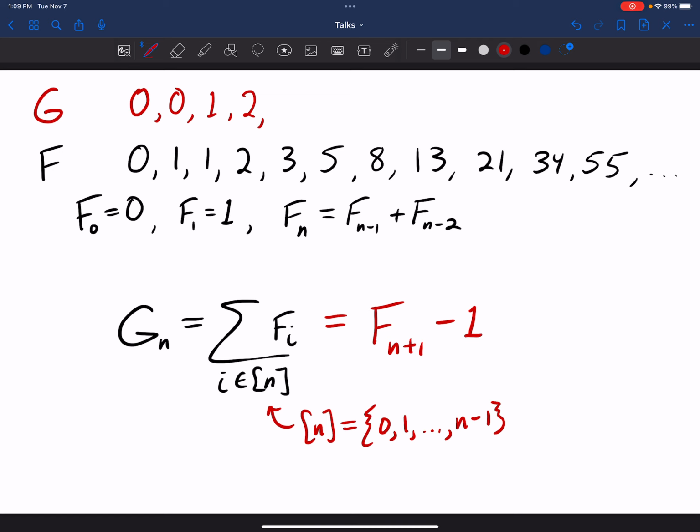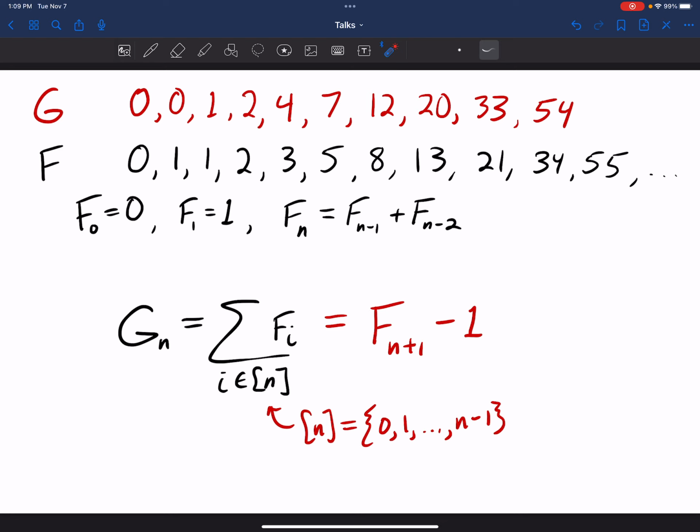What do I get? The next one is, if I add the first 4, they're 0, 1, 1, 2, that's 4. Okay, and if I add in the 3, I get 7. If I add in the 5, I get 12. Plus 8 is 20. Plus 13 is 33. Plus 21 is 54.